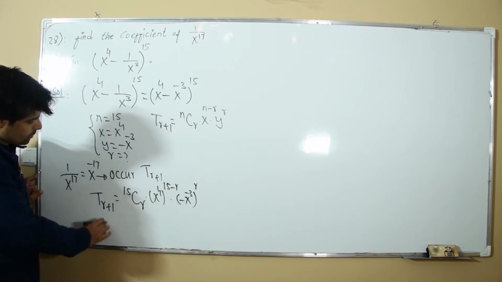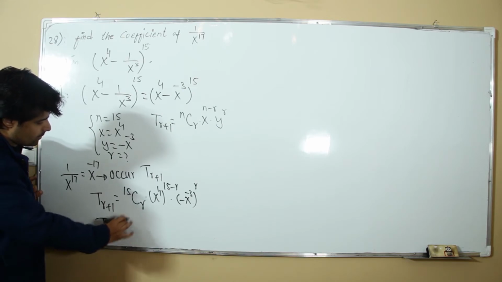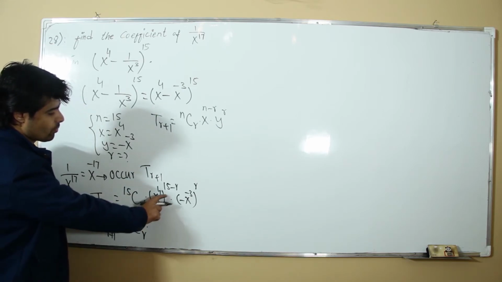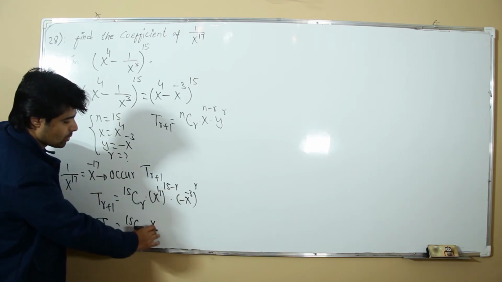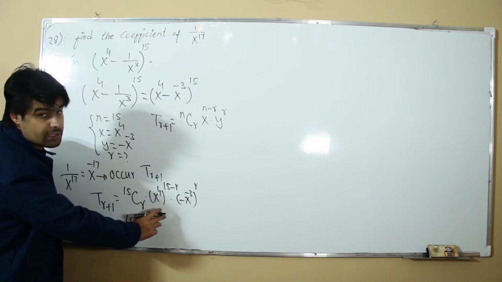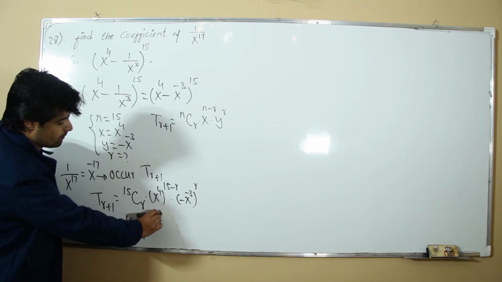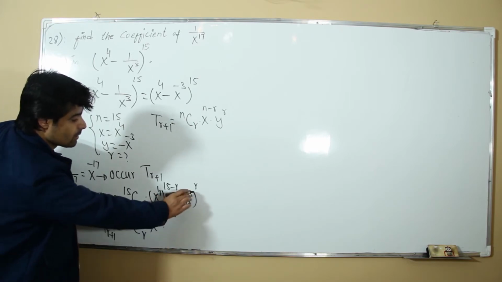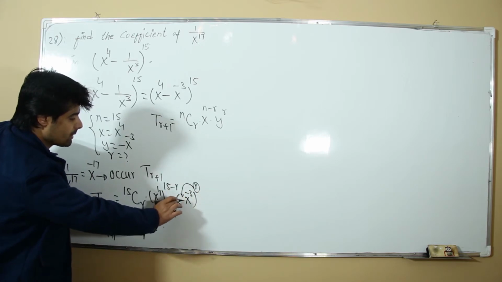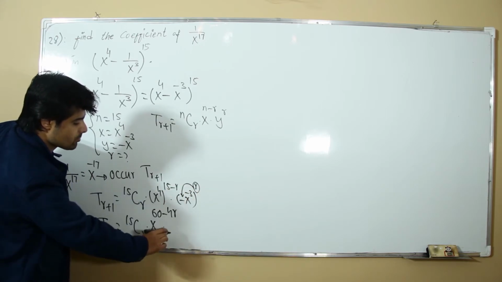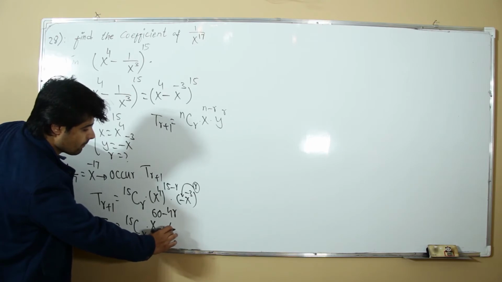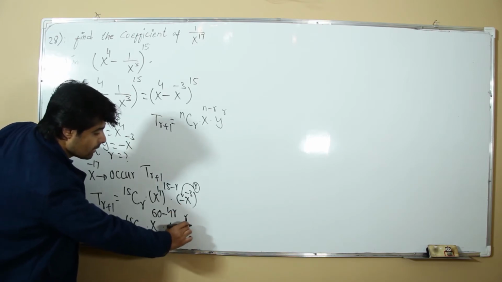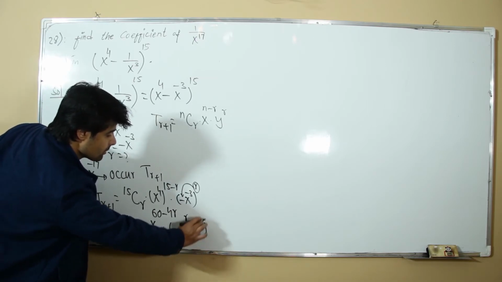Now if you simplify, t r plus 1 is 15 c r times 4 multiplied with this power, so you will have 4 times 15, 60, minus 4r, times minus 1 raised to the power r, and x to the power minus 3 raised to the power r.